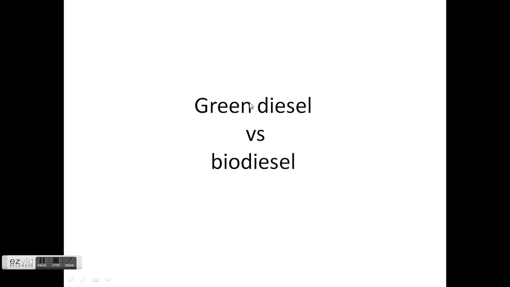So when we look at green diesel, we are using some of these reactions I just mentioned, where your plant oil or bio oil, I'm talking about oils produced from the biomass plant through processing, either pyrolytic processing or any other kind of processing. And plant oil is the oil originally in the plant that we can extract.